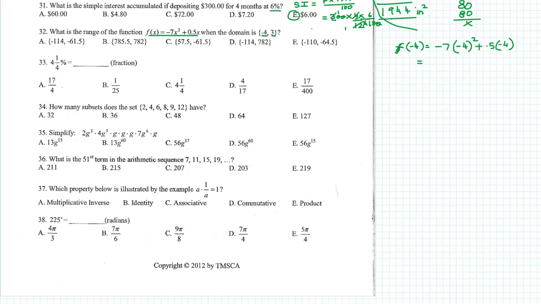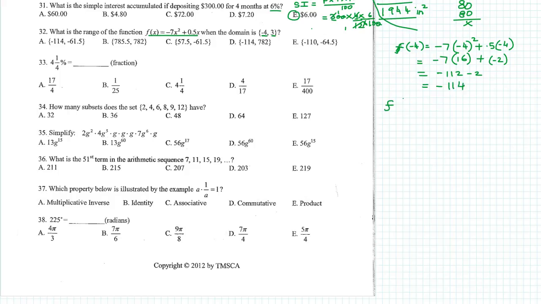So this will give us minus 7 times 16 plus 0.5 times minus 4, which is minus 2. 7 times 16 is 112, because there is a minus sign on the left, so we will write minus 112, and then plus minus 2 is minus 2. So the value of the function at minus 4 is minus 114.